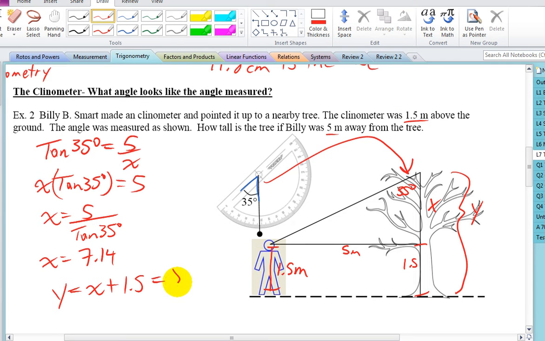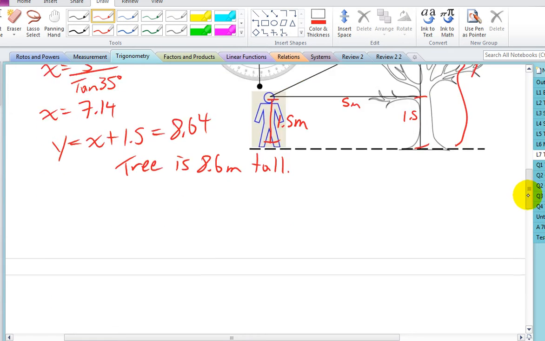So 8.64. So the tree is 8.6 meters tall. Very short, quick, and easy. Any questions? All right. Turn it over.